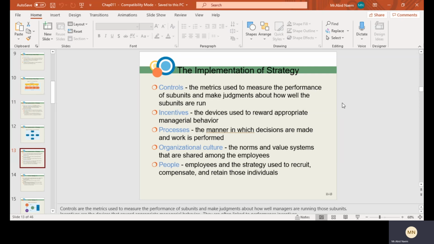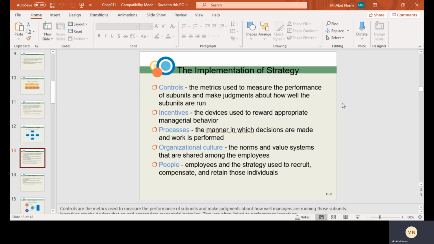Okay, now how are you going to implement your proposed strategy? First of all, you have to develop the control mechanisms through which you are going to periodically analyze the performance and outcomes of your implemented strategy. Controls are the metrics used to measure the performance of subunits and make judgments about how well the subunits are run. Now, incentives are the devices used to reward appropriate managerial behavior. We have to understand appropriate managerial behavior: it should be correlated with the organizational objectives where personal clash should not exist.